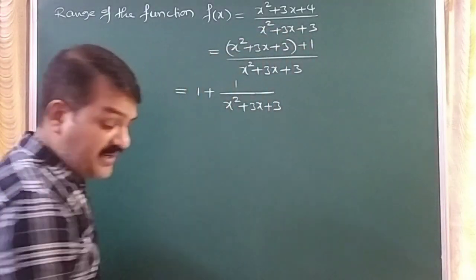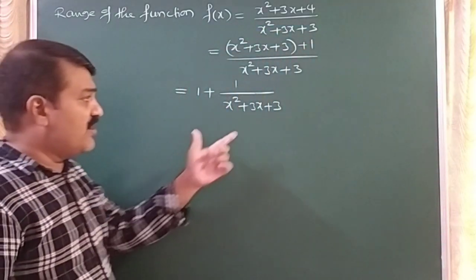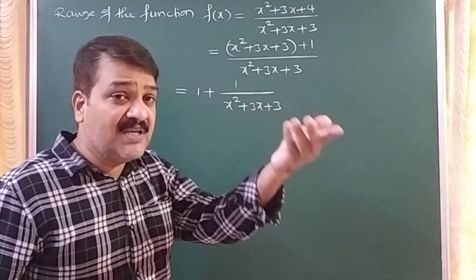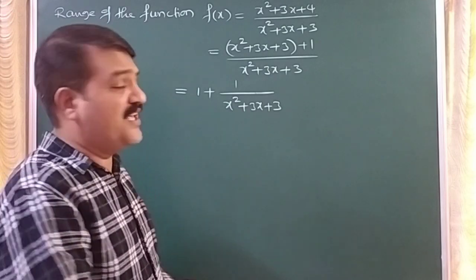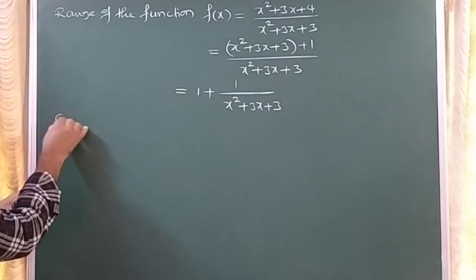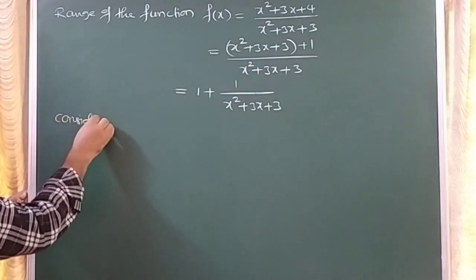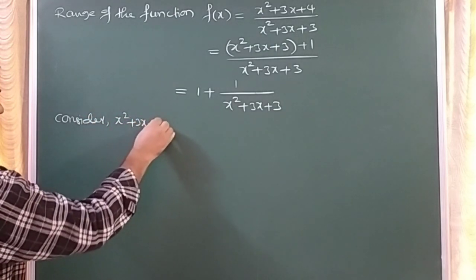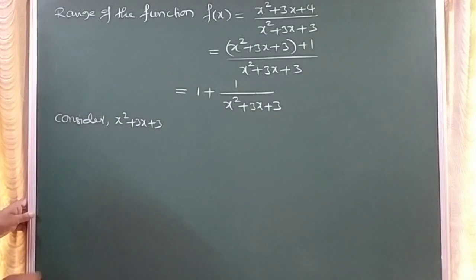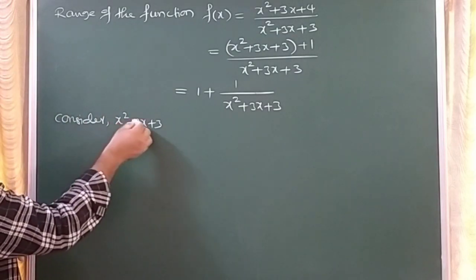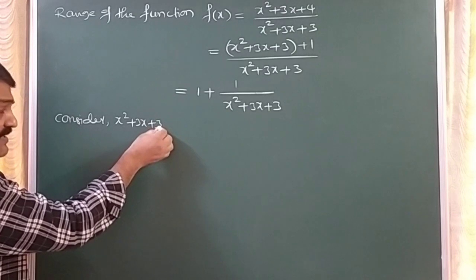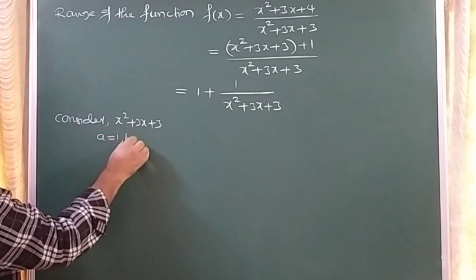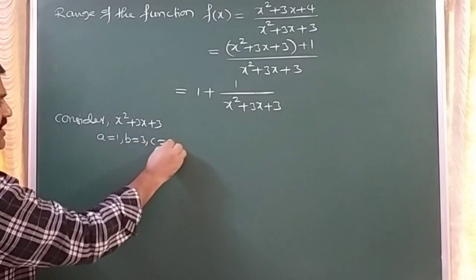The range of the denominator part: the denominator is a quadratic expression. For a quadratic expression we have written the method to find the range. So consider x square plus 3x plus 3, a quadratic. Compare with ax square plus bx plus c. So a is 1, b is 3, c is 3.